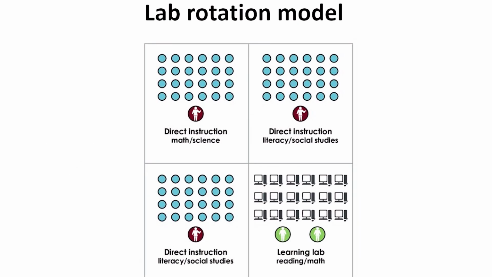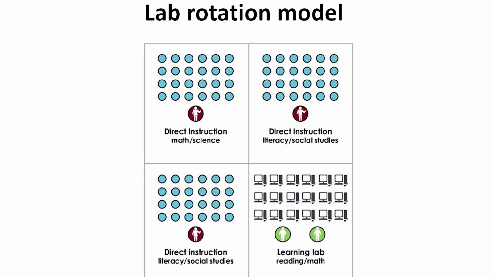The visual on the screen shows 4 squares. These are named and captioned as direct instruction, for example, maths or science, any subject we can take into account. Direct instruction can be literacy or social studies.